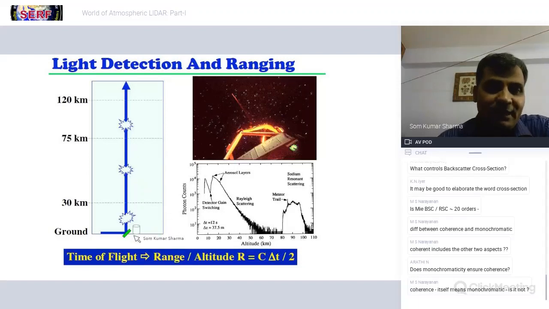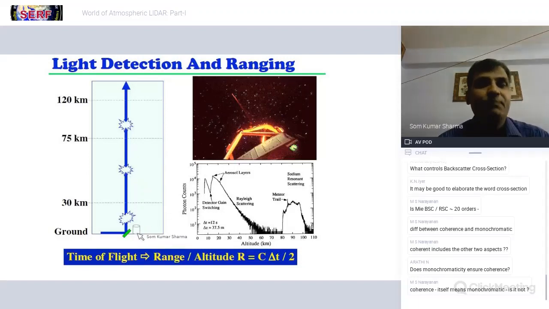Then the back scattered light is received by the telescope from different altitudes, and you get useful information about that altitude. Suppose the laser beam is going and the signal is coming from 15 kilometers, it will bring back signal information from 15 kilometers. Coming back from about 50 kilometers, it will bring back information from 50 kilometers, and you can cover the entire range.